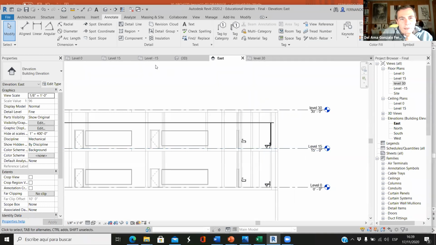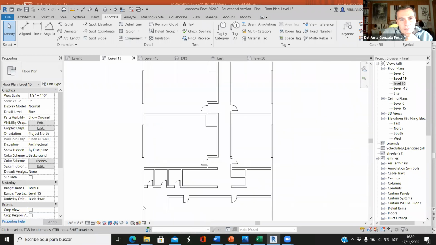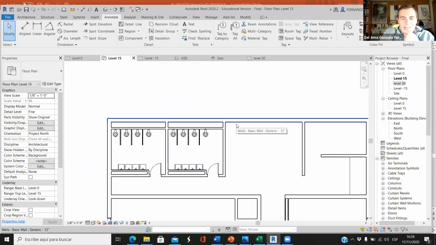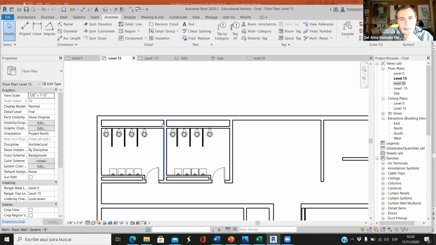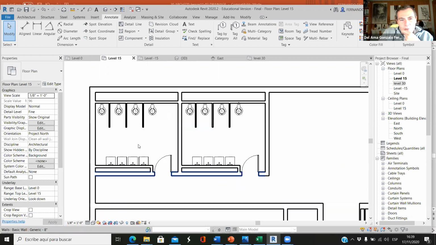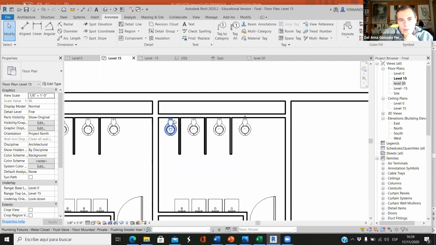So what can we do here, if we are on this 15 level? How many stacks are we going to have? That's a good question. I would say we can have either one or two, but for sure we need a stack for the toilets and a different stack for the sinks.